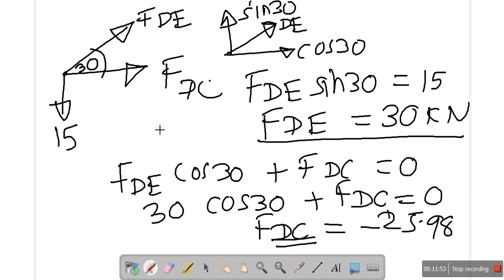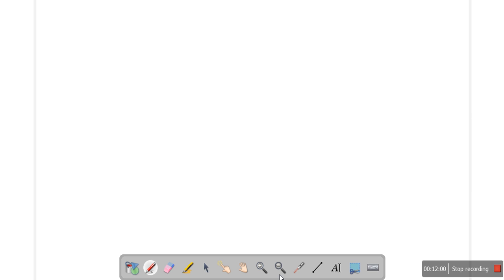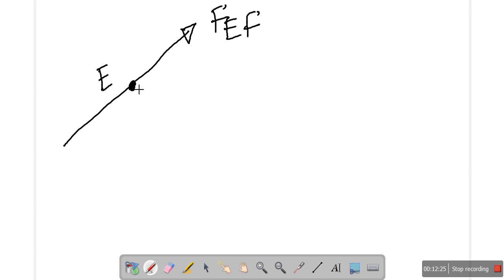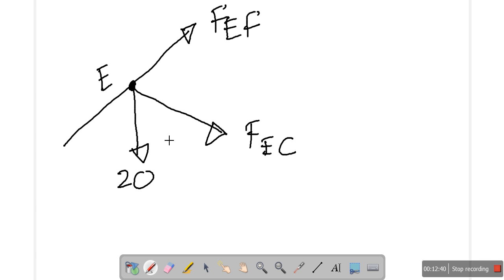So that is joint D. Now let us proceed further to joint E. Please note that we have already computed DE, and DE is tensile 30 kilonewton.